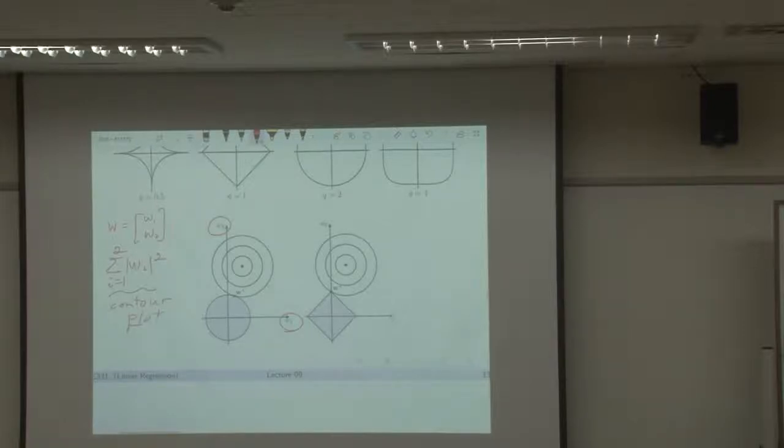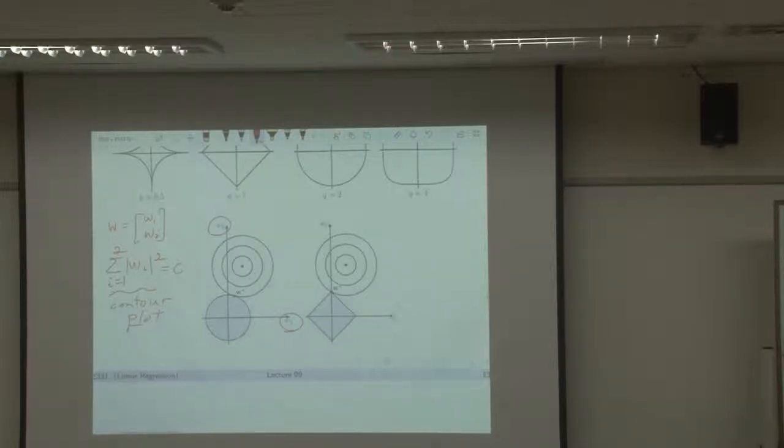What is a contour plot? I assume that this is equal to some value C. And for different values of C, where are the W's lying? For different values of C, this would be a circle.